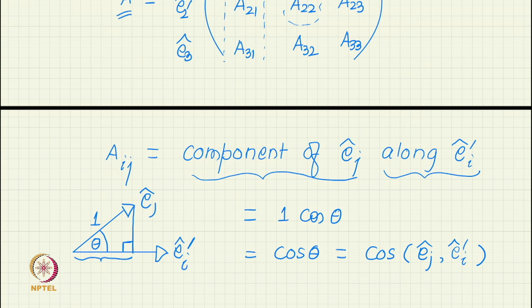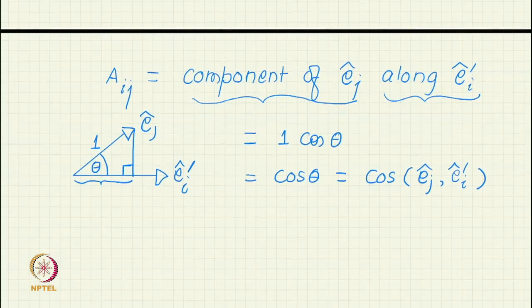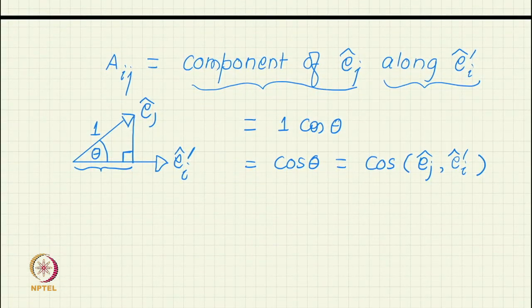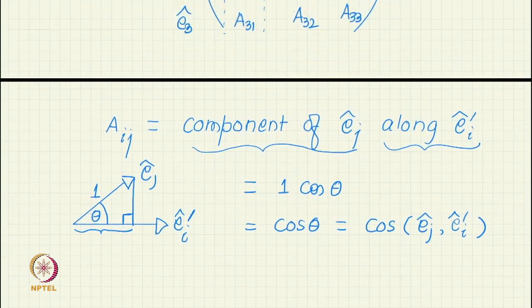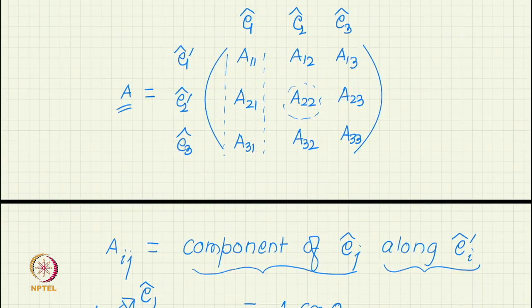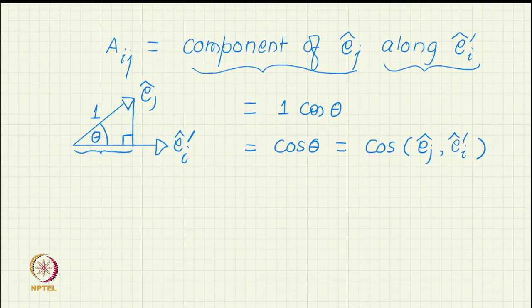So, A i j is nothing but the cosine of the angle between E j and E i prime. So, this is an interesting interpretation. This will not work if the basis is not orthonormal, but in the orthonormal case there is a simple interpretation of the components of the transformation matrix in terms of cosines.